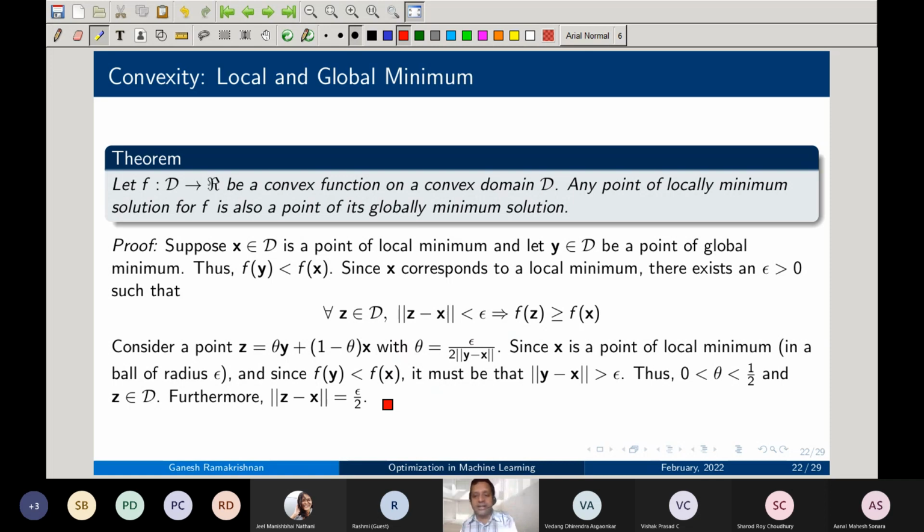So now if I take theta to be less than half, then I'll find that the norm of z minus x is exactly equal to epsilon by 2. So I basically found a point z within the ball. For this choice, I have a point within the ball.